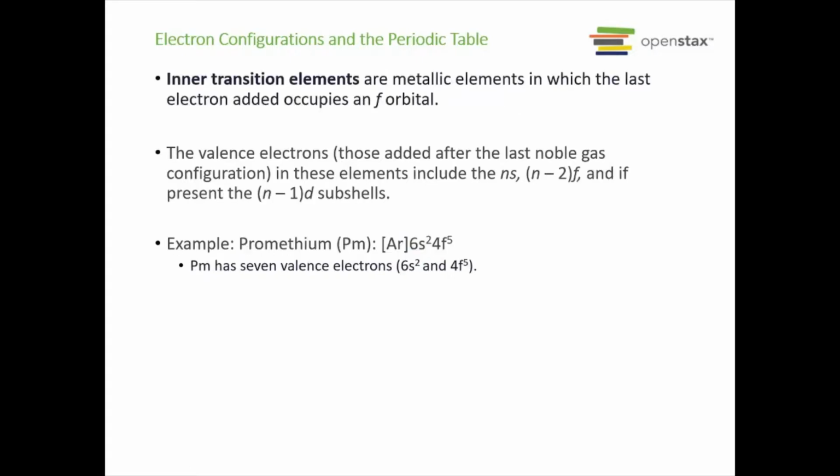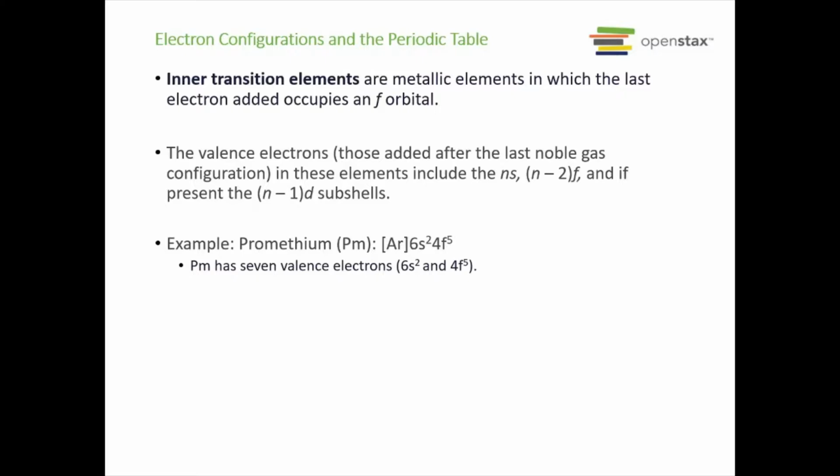The inner transition elements or metals are the ones below the periodic table. I always want to call the main transition metals the inner ones because they're actually in the periodic table, but nonetheless, technically these ones are from inside the table. We just pull them out for space saving and to show that it's a different orbital block. Nonetheless, the last electron occupies an f orbital.